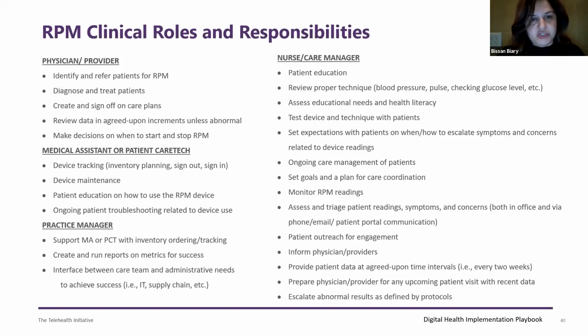Your nurse manager has a critical role here too. As you can see, the nurse manager or your care manager will help with patient education, test the device, the techniques with the patients, ongoing care management and coordination, assist and triage patient readings, symptoms, and concerns, monitors daily readings from patients, take actions depending on variance in measurement values. Next slide.